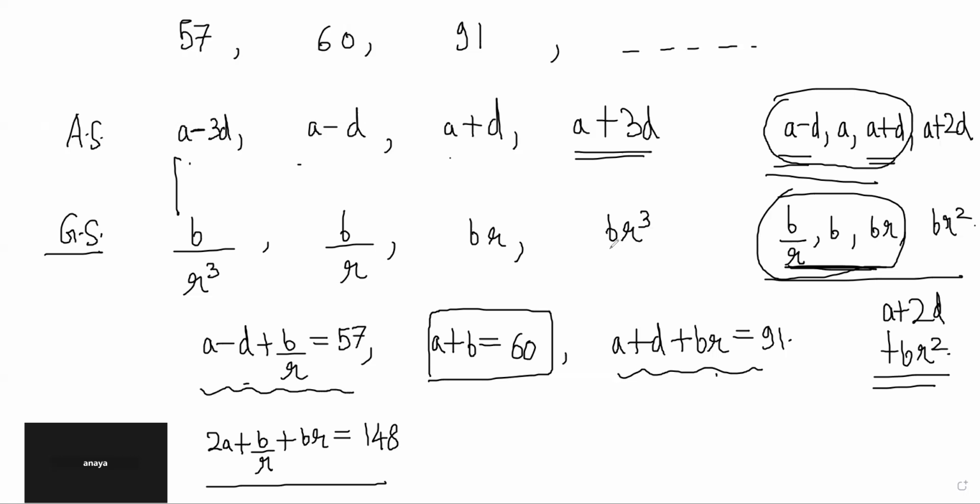So we have to use that also. 2A plus B by R plus BR is 148. Maybe this approach won't work because the equations are quite complicated. Maybe we should use the simpler approach, where at least the equations didn't have fractions.